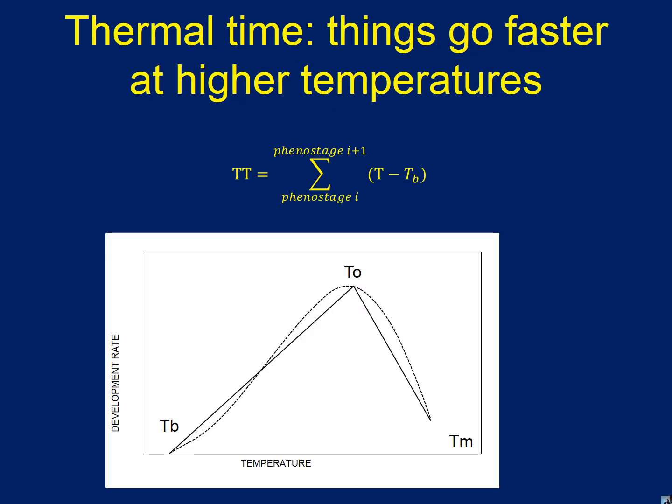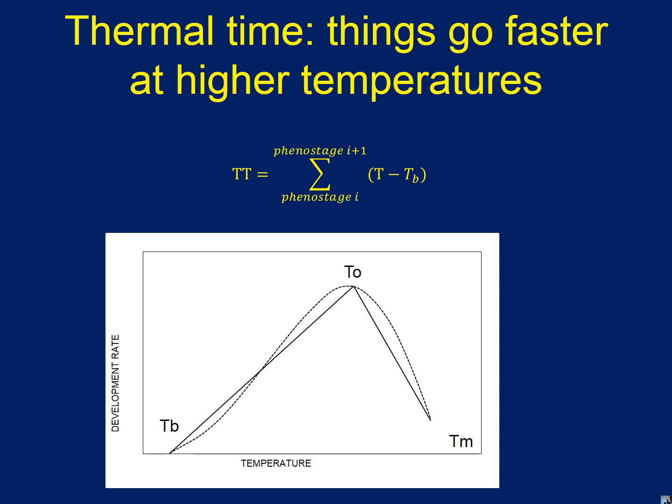The thermal time concept is related to a direct effect of temperature on development rate. In this picture, we plot development rate versus temperature, and in reality we would have something like the broken line that can be approximated by two straight lines like here.